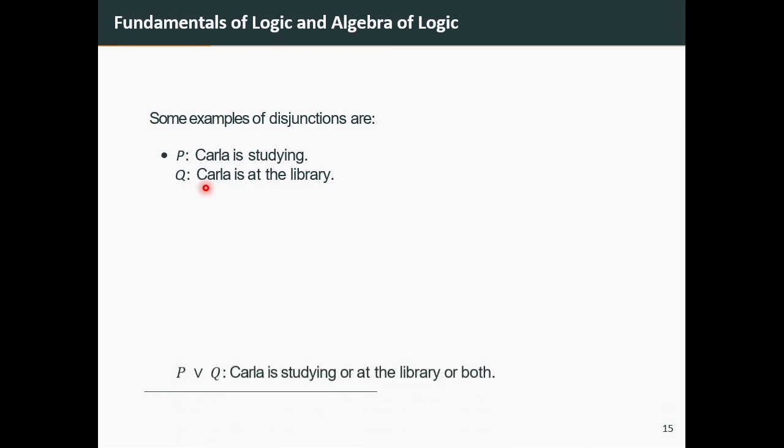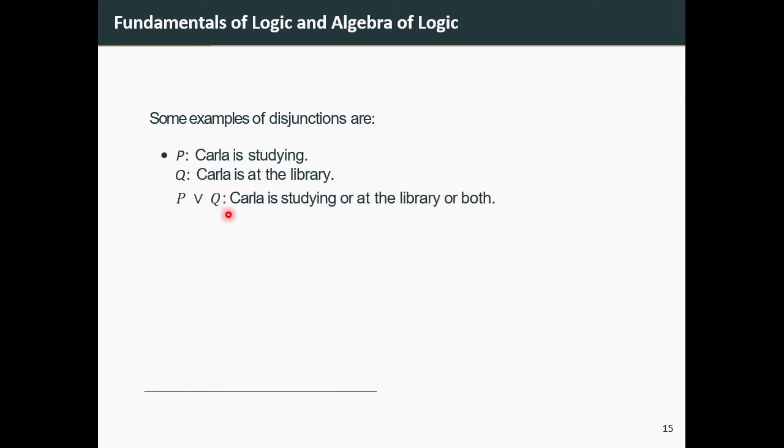Then the disjunction can be stated as Carla is studying or at the library or both. Now notice here that the extra phrase "or both" is stressed so as to allow the possibility that the two propositions can be true simultaneously.